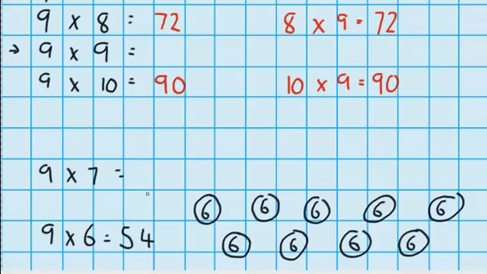Now the next step is I'm thinking to myself, what could I do to change 9 times 6 so it looks like 9 times 7? Well, I still need 9 groups, and I've already got 9 groups, but instead of having 6 items in all of those groups, I need 7. So what I need to do is add 1 more item to each of those groups.